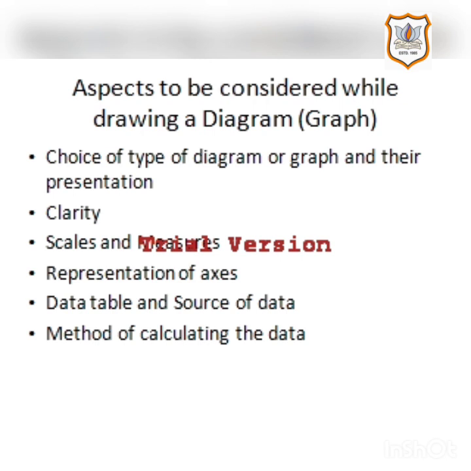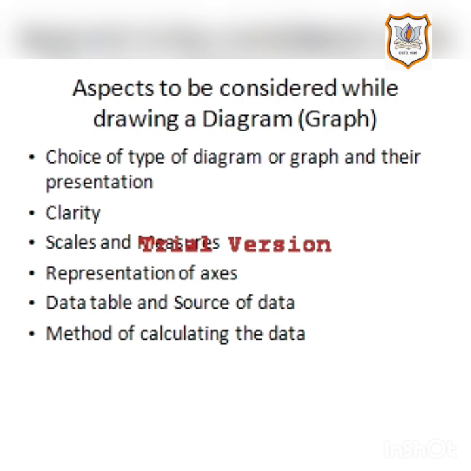Fifth point, data table and source of data. Diagrams and graphs are always drawn from a data table, and therefore it becomes necessary to mention the source from which the data has been obtained. By this, the picture becomes more reliable and authentic.